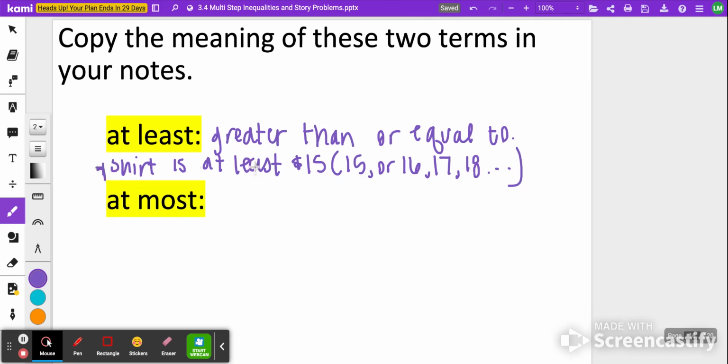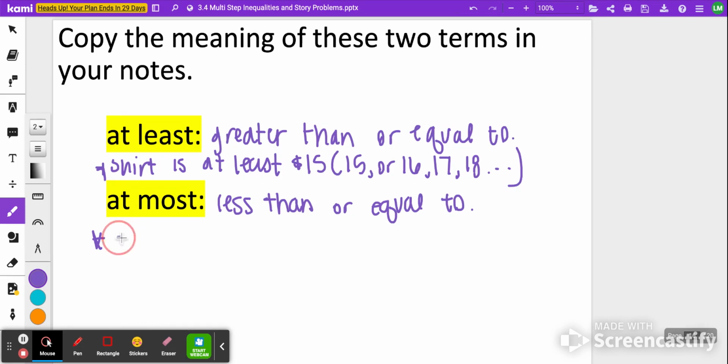At most means less than or equal to. Okay, so when we have at most, I always try to get my students to think about how you could use this in a sentence when you ask your parents for money. Mom, I need at most $20 to buy some school supplies.